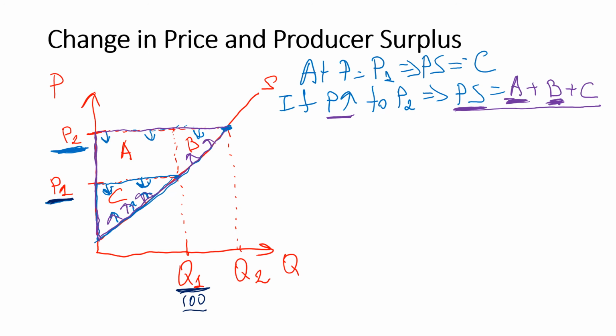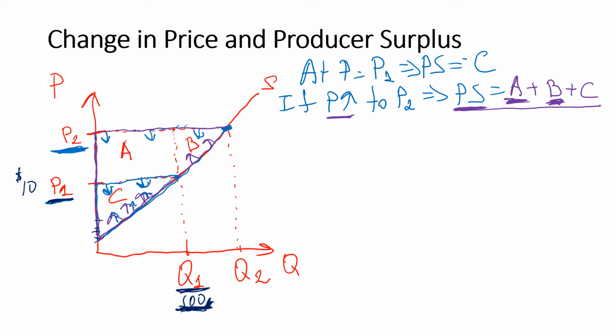Once again, you need to ask a question: why were these sellers willing to sell? Remember, we're going to connect it to their cost of production. Let's suppose the price of this product, for example, was $10. So these 100 sellers were willing to sell because their cost of production was lower than $10. Each one of them had a different cost of production.